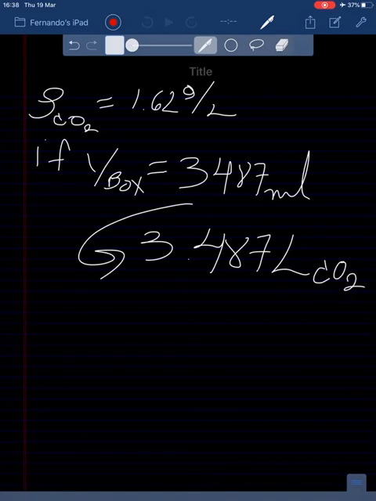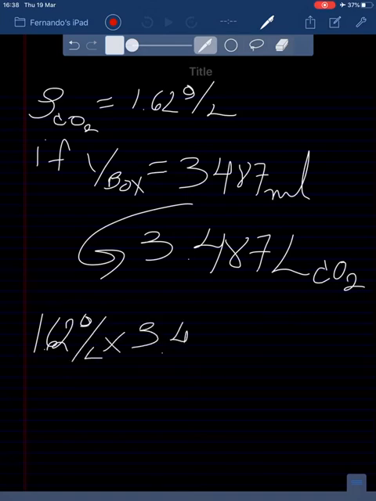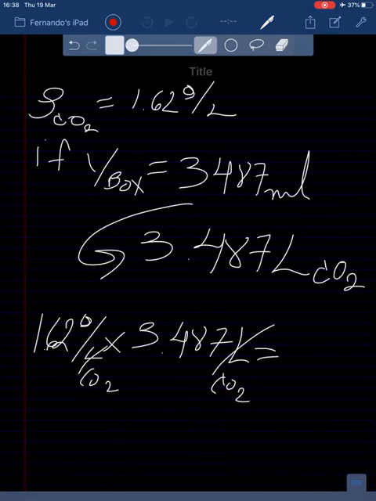But of whom? Of CO2. That means that if I know the volume of the container that contains the gas, and I use the density, I will have 1.62 grams per liter, which is the density, times 3.487 liters. I'm talking about the density of CO2 and the volume of CO2. So guess what? Liters with liters, and I end up with grams. How much?